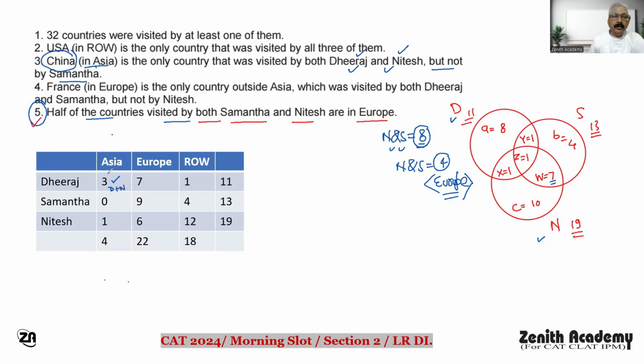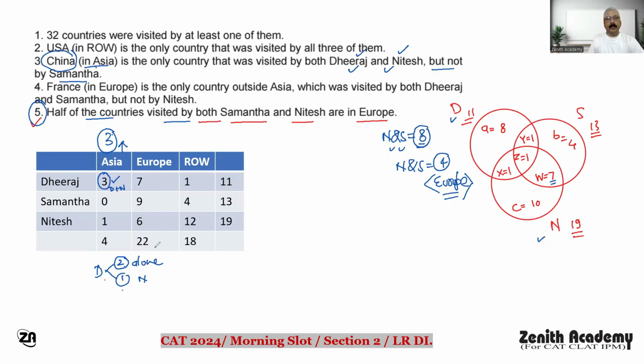And Dheeraj actually visited 3 countries. It is very clear that 2 countries Dheeraj went alone and one country with Nitesh. Correct? So there are 2 plus 1, 3 countries in Asia.